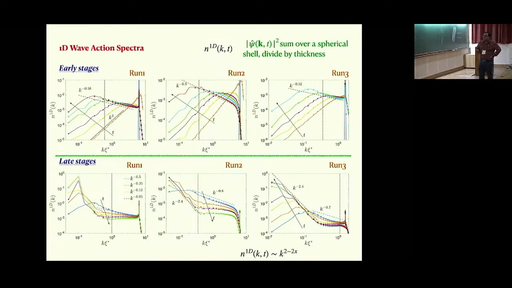This is also close to k to the power minus 3, which in some works of Boris Svistunov and Thomas Gasenzer, in their 3-dimensional wave action spectrum, they write as, you would expect a scaling of k to the power minus 5, but one needs to check further.